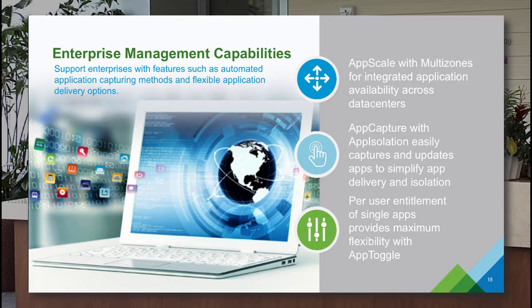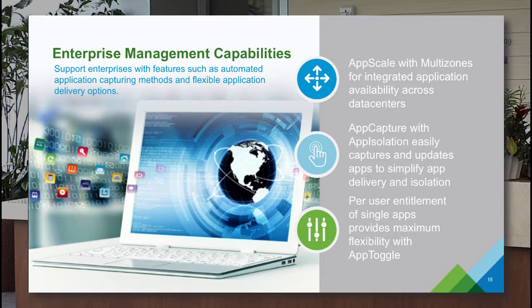Horizon 7 also brings to bear enterprise management capabilities. And when we're talking about enterprise application management, being able to leverage things like app capture and app isolation so that we can simplify the way applications are being brought into App Volumes and also the way they're being isolated from one another.